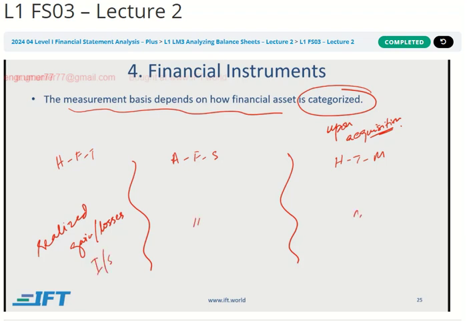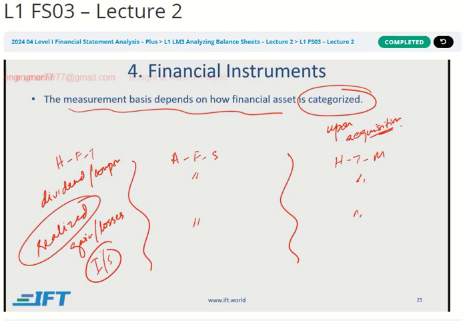For all three of these situations, if you realize a gain or a loss, or let's say you receive some dividend or some coupon from that bond or stock, it will also go through the income statement.